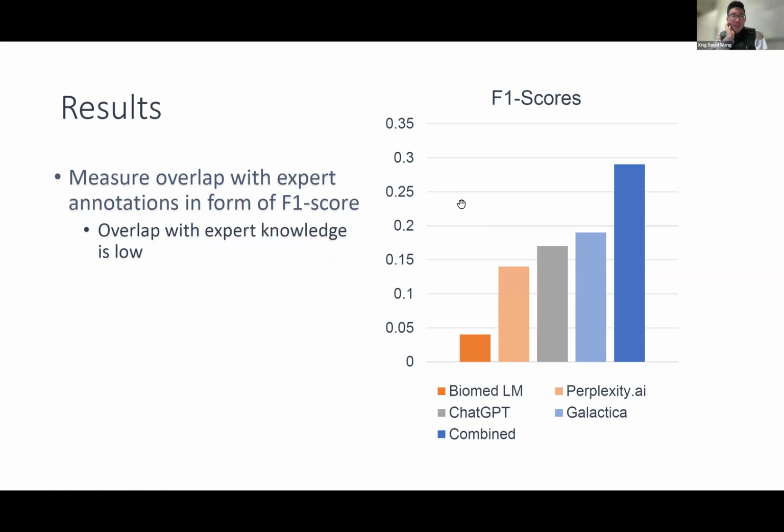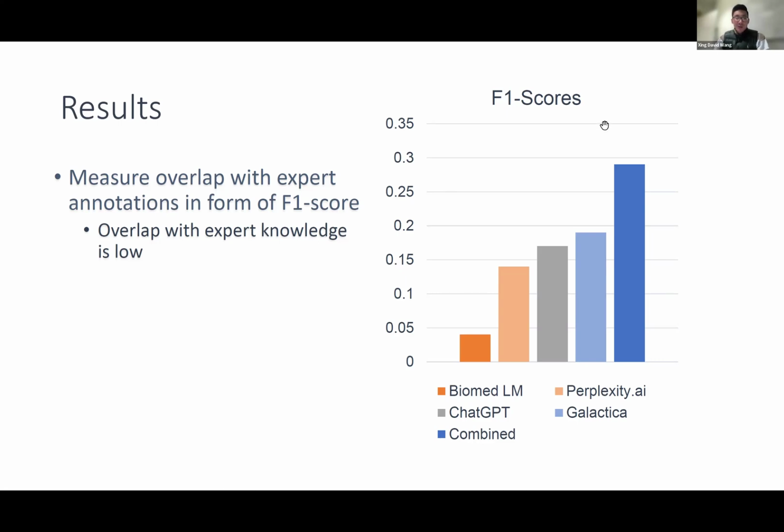And from this quantitative result, we now wanted to see, okay, how much do the LLM options overlap and agree with the treatment options that the human annotated? So in this diagram, we treat the human-generated annotations as ground truth, and then measure the F1 score as the agreement between LLM annotation and human expert annotations.